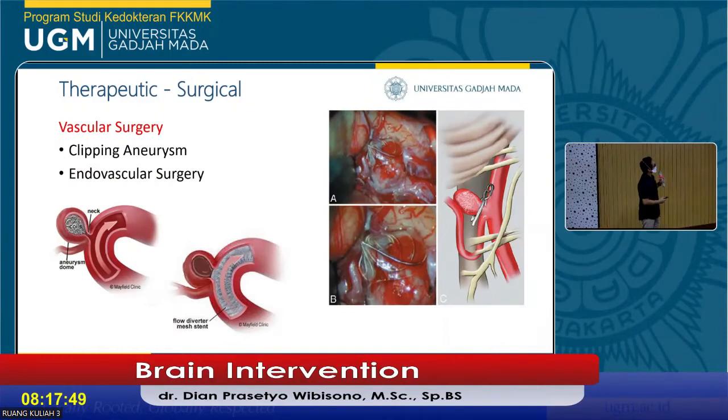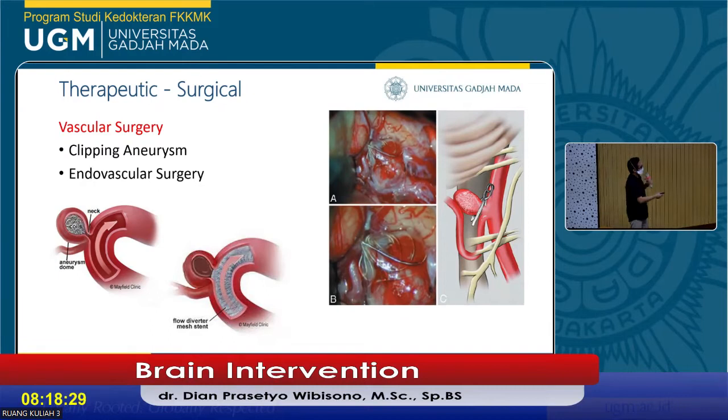Next, this is vascular surgery. Dr. Tommy, in the previous lecture, has already mentioned the aneurysm. Aneurysm is a saccular dilatation of a cerebral vessel, like this, for example. This is the saccular aneurysm. So we can perform many interventions to prevent this aneurysm from rupturing, because what is dangerous about an aneurysm is when it ruptures.